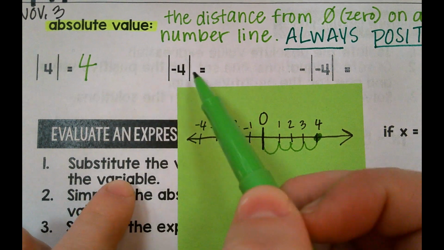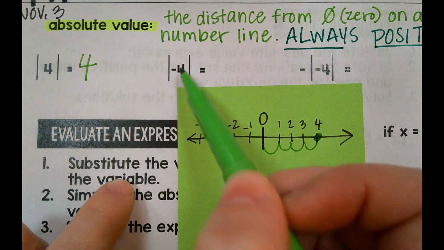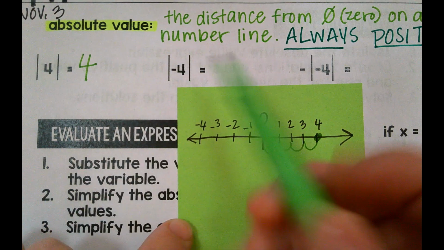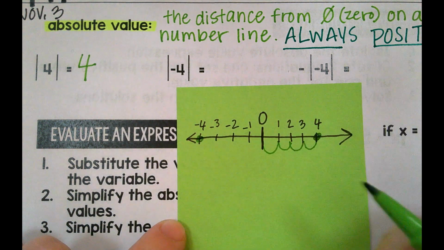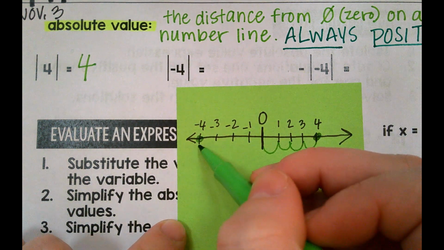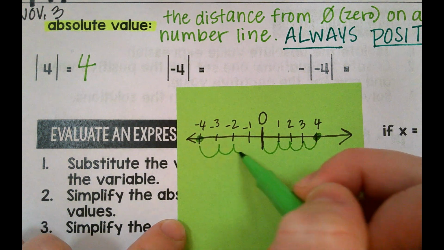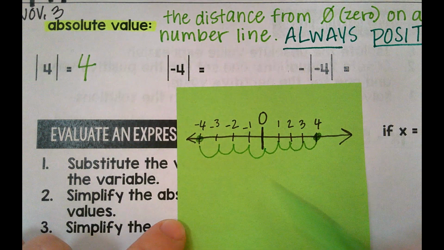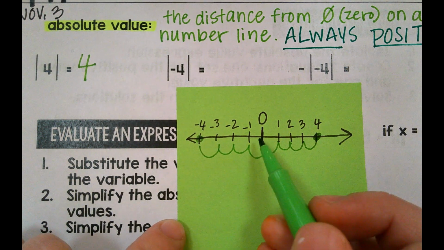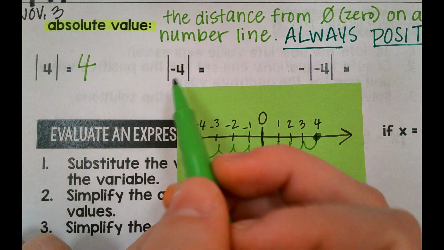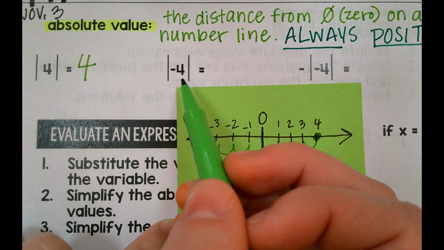Let's look at the absolute value of negative 4 right here. So I'm going to go to my number line and find negative 4, which is on the left side. It's going to be the same thing, y'all. So look, 1, 2, 3, 4. Negative 4 is 4 spaces away from 0. So what is the absolute value of negative 4? 4.